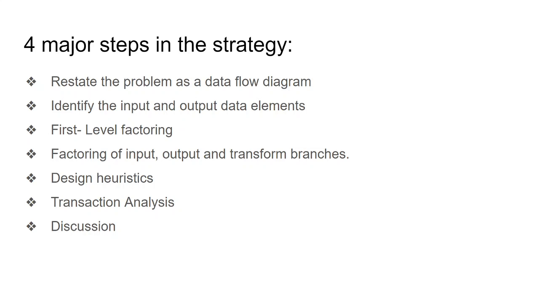As the situation asks, you can design it your way. For example, some systems may be complicated, so the first level factoring may not be enough. You may need to do the second level, third level, and so on.